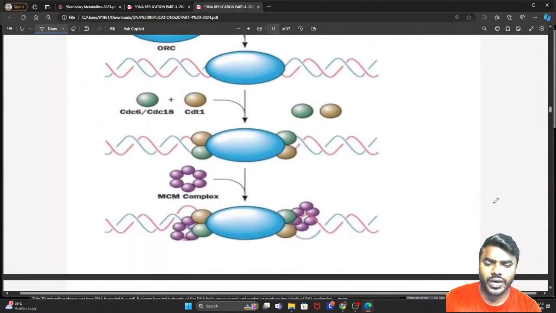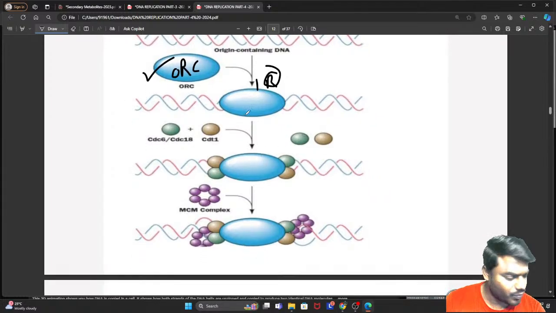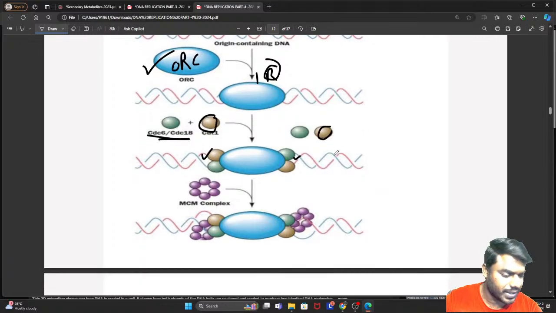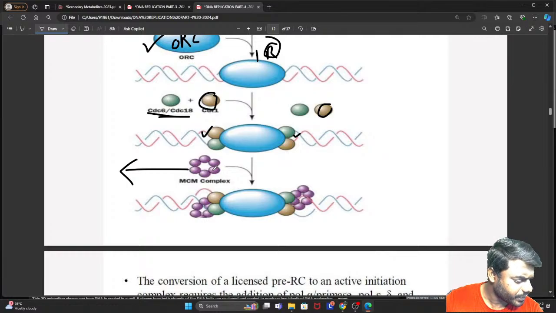Look into the picture, you get a crystal clear idea. Look into this. This is the protein named ORC. This protein comes and attaches to the replicator. Correct? Then ORC recruits what? Either CDC6 or Cdc18. Then after CDC6 or Cdc18, CDT1 comes into the picture. Then CDC6 or Cdc18 and CDT1 all together recruit MCM. Can you see that?